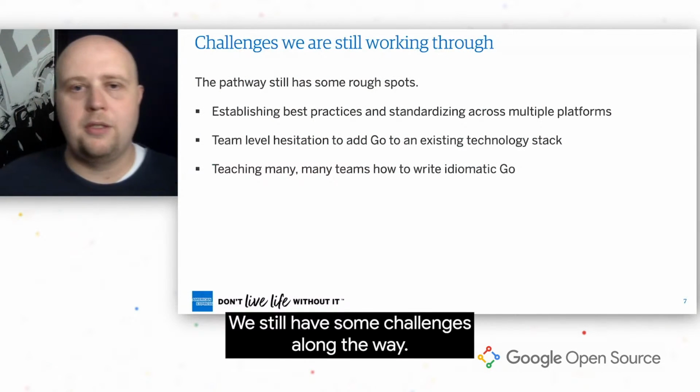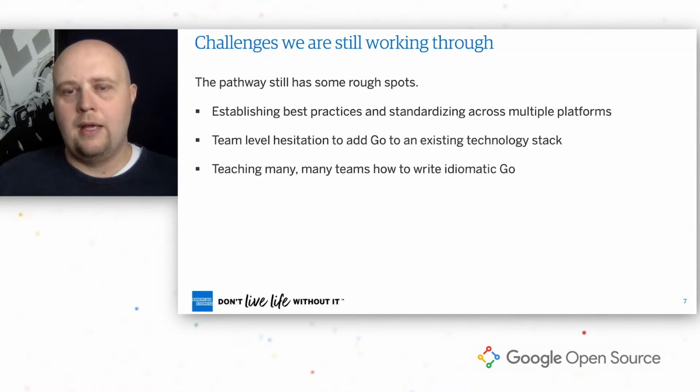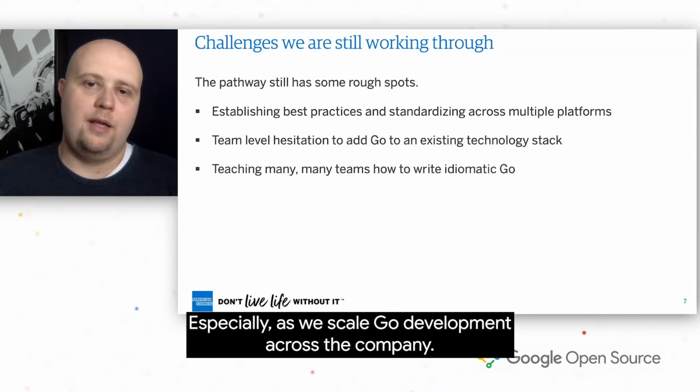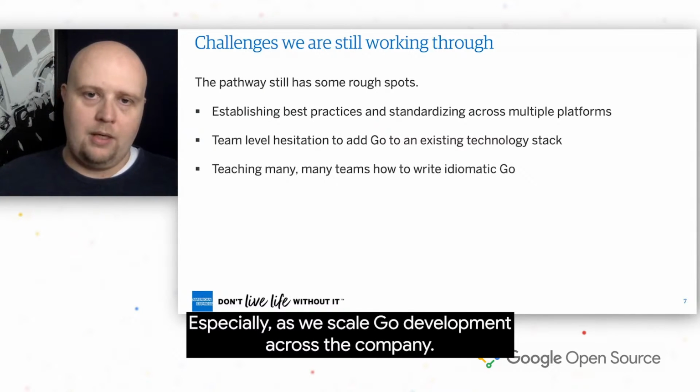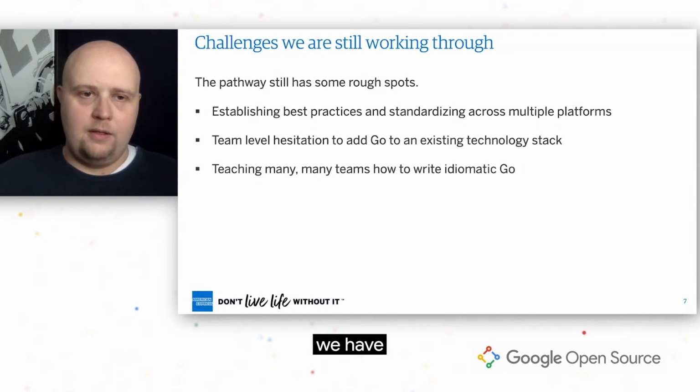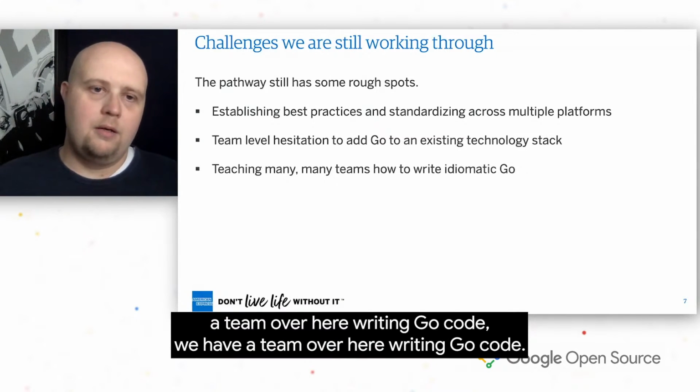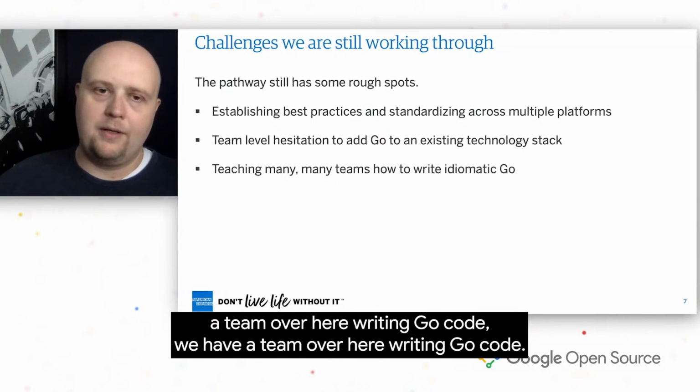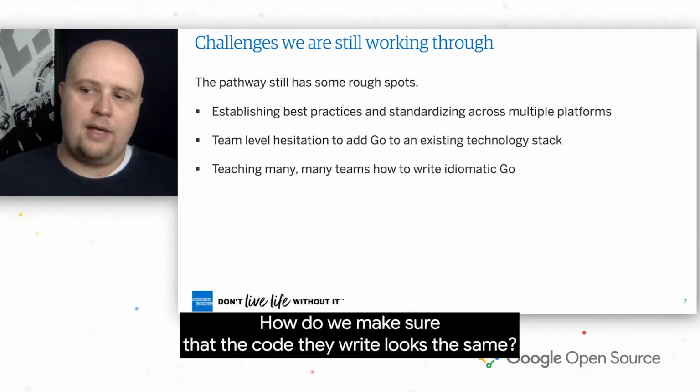We still have some challenges along the way, especially as we scale Go development across the company. So we have a team over here writing Go code. We have a team over here writing Go code. How do we make sure that the code they write looks the same?